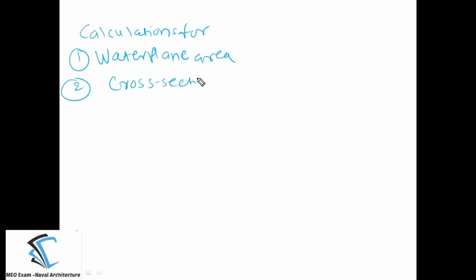Calculations for water plane area. Second, calculation for the cross-sectional areas. We will see this cross-sectional area.